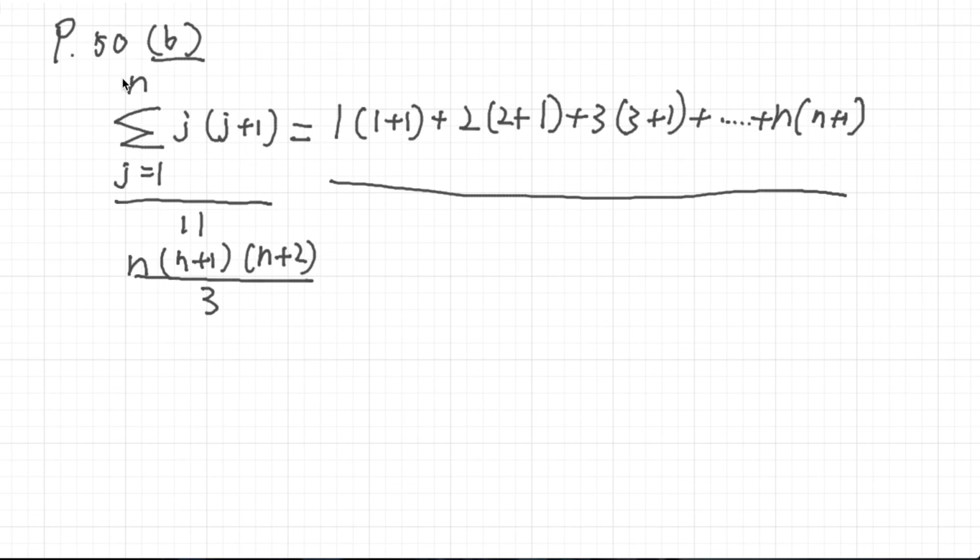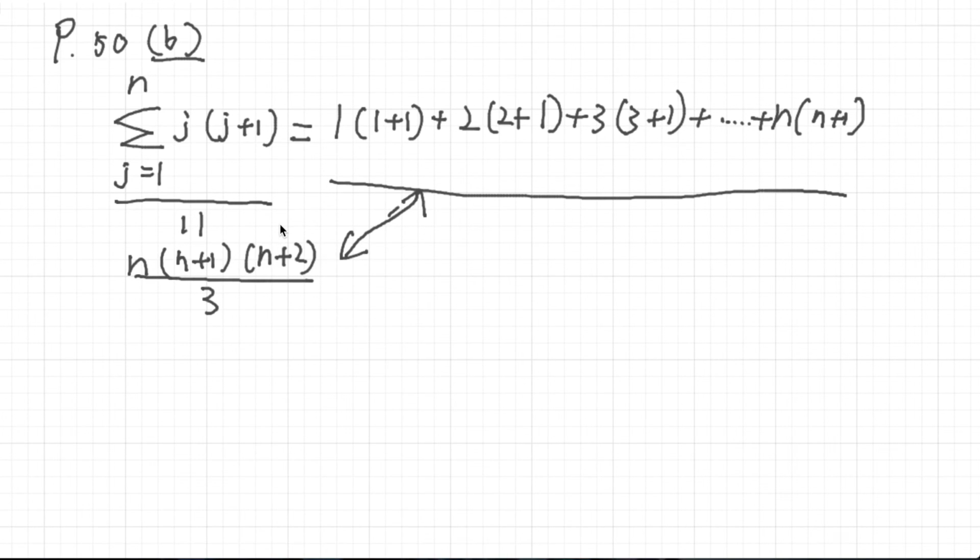And we know that this notation is also going to be equal to n times n plus 1 times n plus 2 over 3. So consequently, we know that these two are equivalent. That means the sum of the sequence over here on the right side can be calculated by the formula on the right side. And in our case, it's on the bottom. That is n times n plus 1 times n plus 2 over 3.